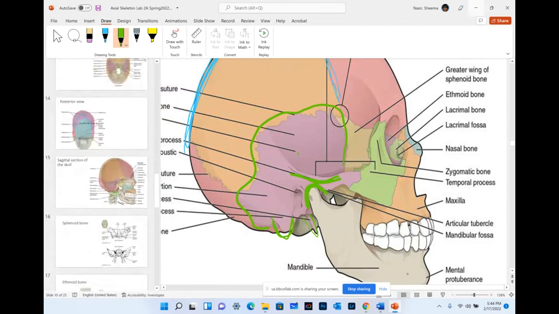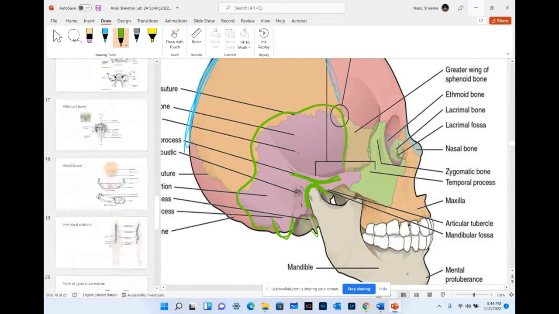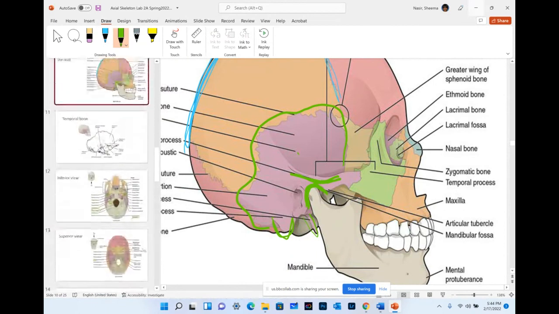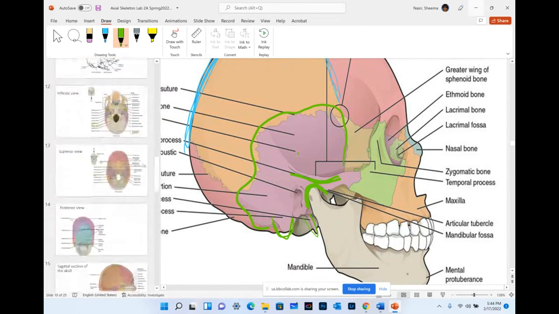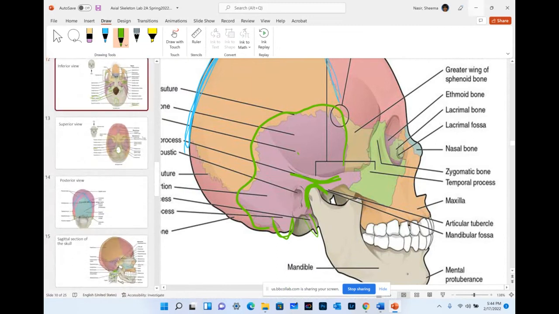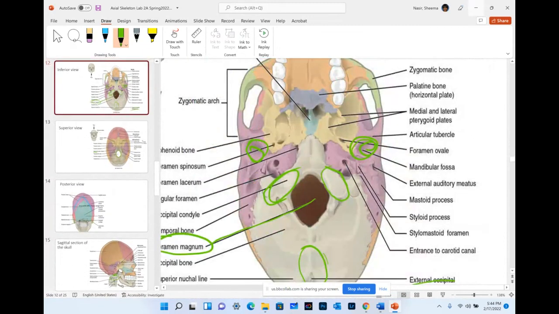And then we have a stylomastoid foramen. So let me show you that as well, the stylomastoid foramen. So this is a hole which is present between the styloid process and the mastoid process.